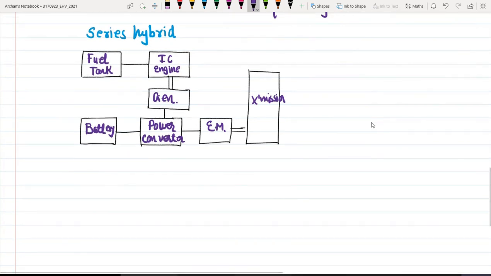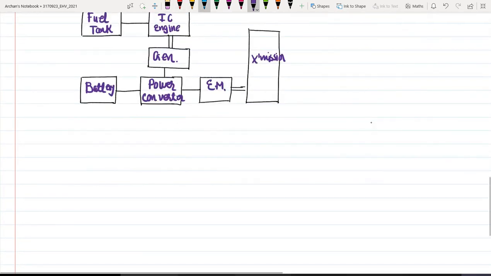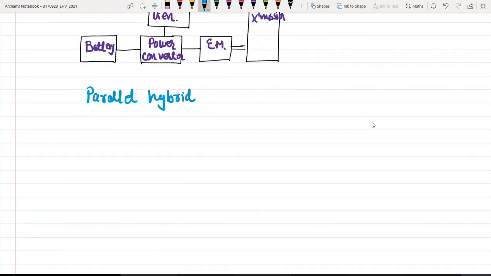Now if I talk about the parallel hybrid, then obviously you can see that both the powertrains will be parallel to each other. On the one powertrain I will be having one fuel tank, then there will be an IC engine.